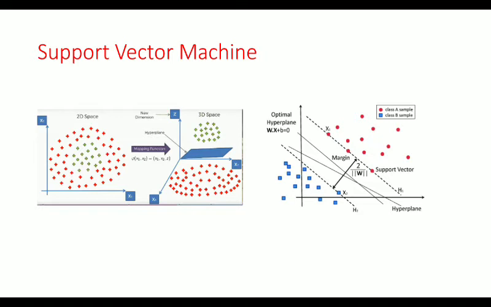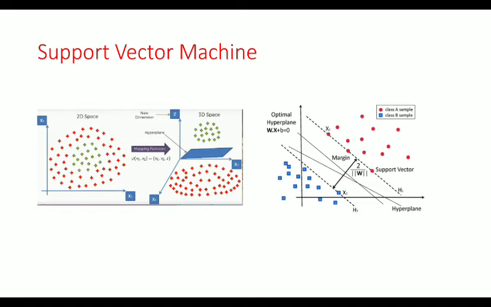The support vector machine projects the 2D space into 3D space. This entire data is projected into 3D space, just like this. Then we can divide these two classes by a certain plane, a linear plane. This is the main motto in the support vector machine.